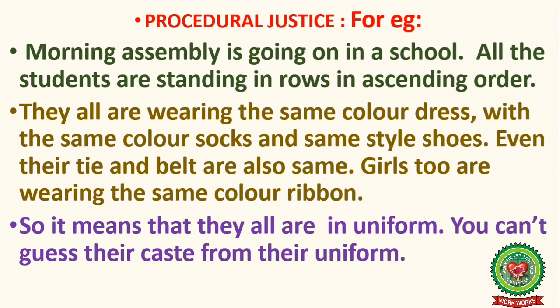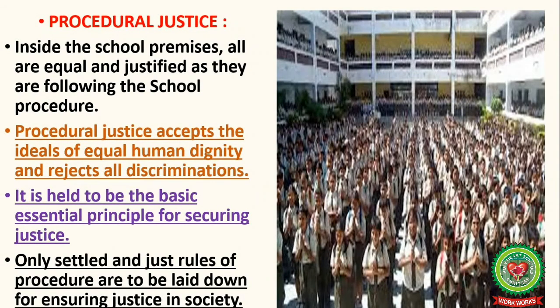What does it mean? It means they all are in uniform. You can't guess their caste from their uniform. Now in this picture you can see all are in uniform. Can you guess to which caste anyone belongs? No, you can't guess. Inside the school premises, all are equal and justified as they are following the school procedure.